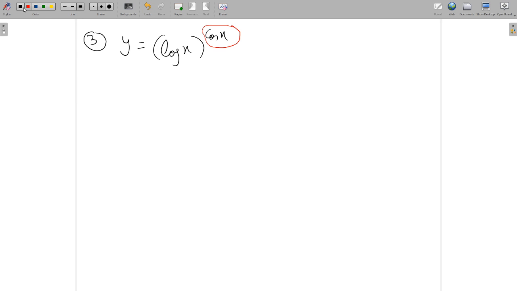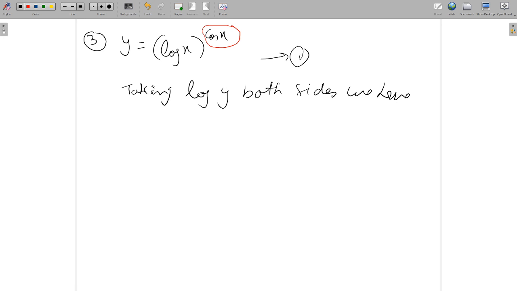So the very first step, as usual: taking log on both sides, we have log y equal to log of (log x) raised to cos x.